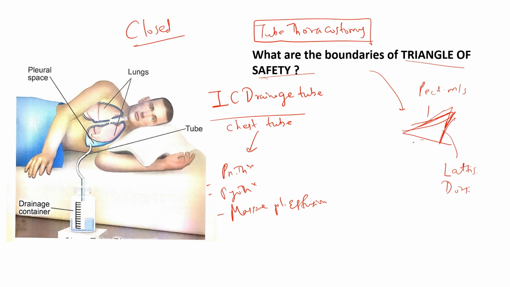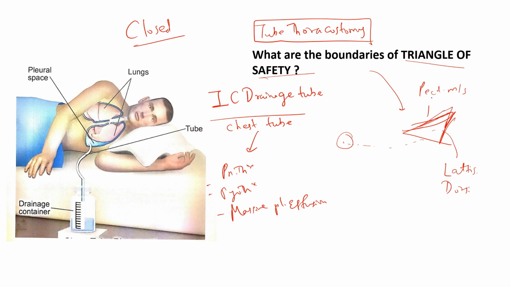And the base of the triangle is usually a horizontal line drawn at the level of the nipple. So a horizontal line drawn from the nipple, or otherwise you can take the fourth intercostal space as the base of the triangle of safety. So in between these three lines, this is called your triangle of safety.